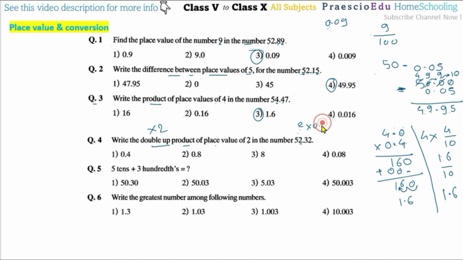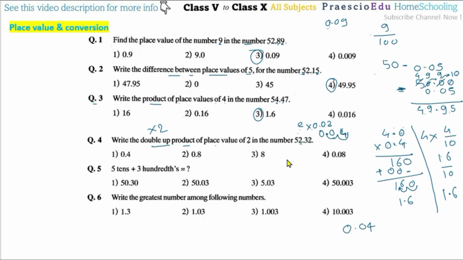Instead of the 3 we have to make it 0 here, and this 2 as it is. So 2 multiplied by 0.02. Now 2 multiplied by 2 is 4. Now here we have to shift 1 and 2 digits, so after the 4 there is a decimal, so this is 1 time shifting, and then we have to maintain the 0, and this is 2 times shifting. So now the decimal will come here, and then this 0 we will maintain, means 0.04.